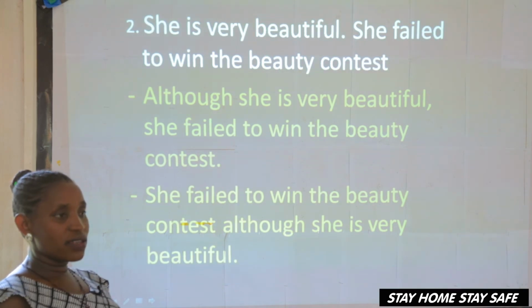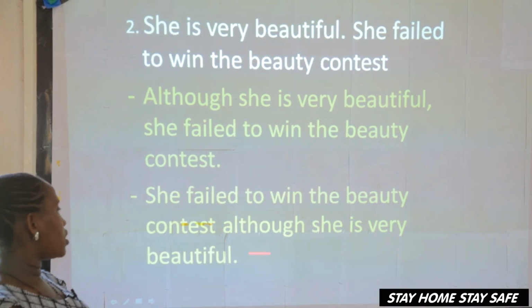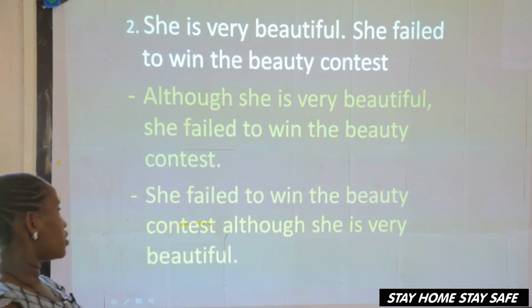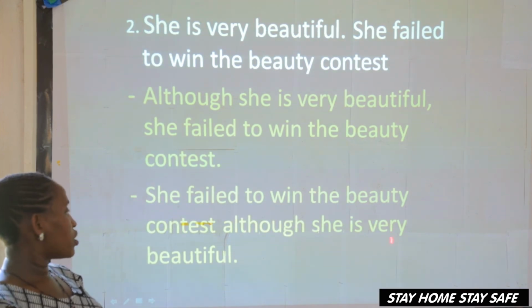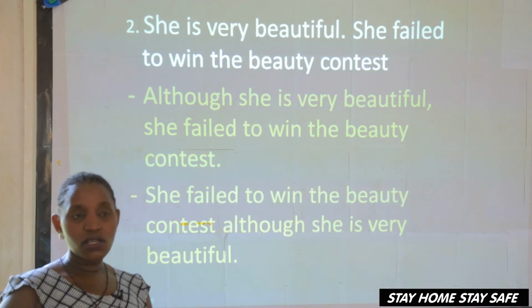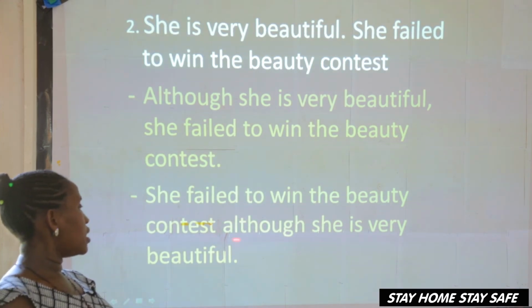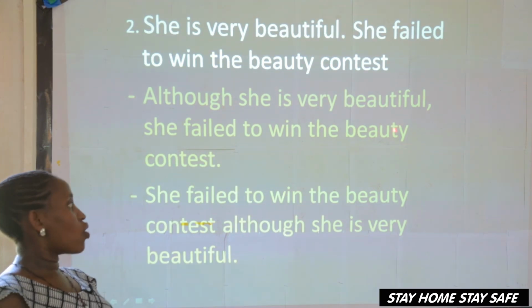Then, although within the sentence, we are going to say, she failed to win the beauty contest, although she is very beautiful. Now this is the result. She didn't win, although she's very beautiful. So that is how we use although at the beginning of the sentence, and then within the sentence.